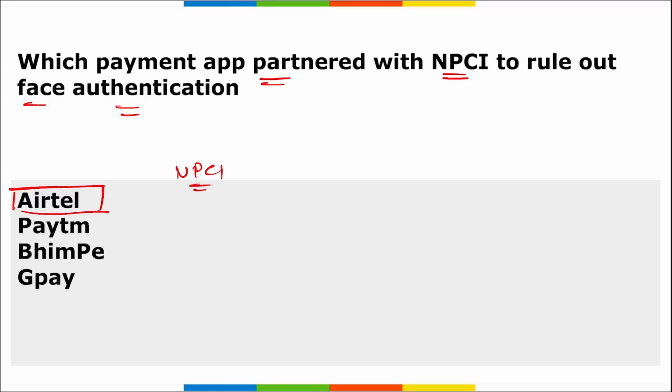in India, right? If we talk about this face authentication feature, if you want to do any transaction or log in to that particular application, then you will need to complete face authentication, and only then will you be able to log in.